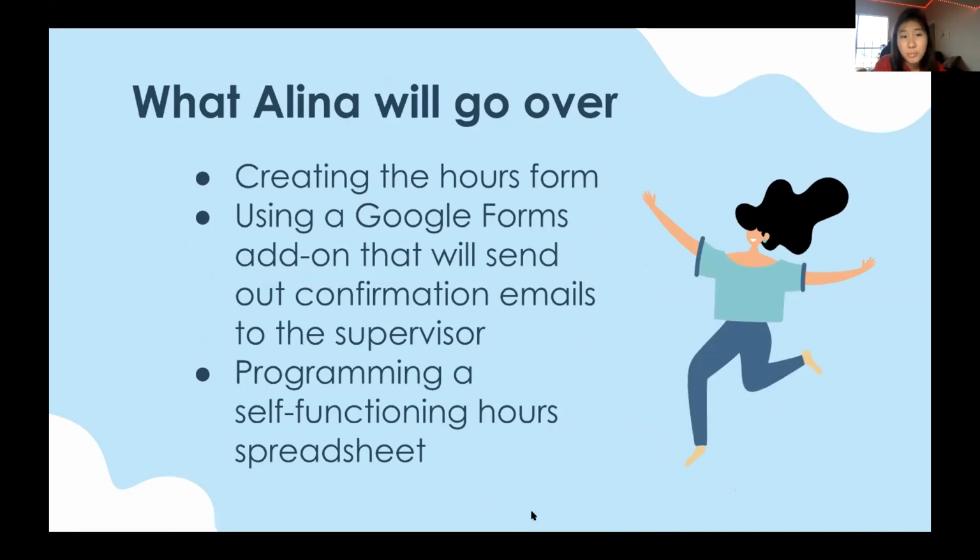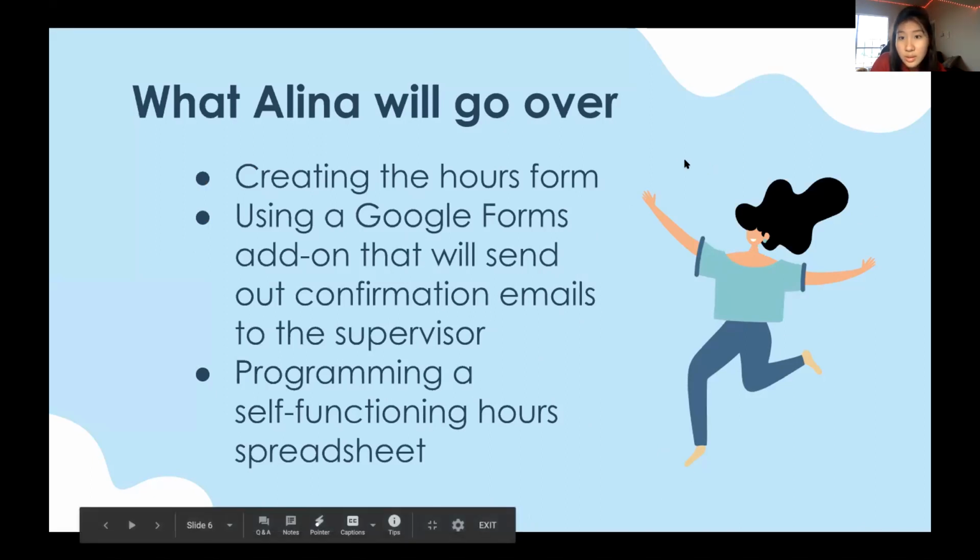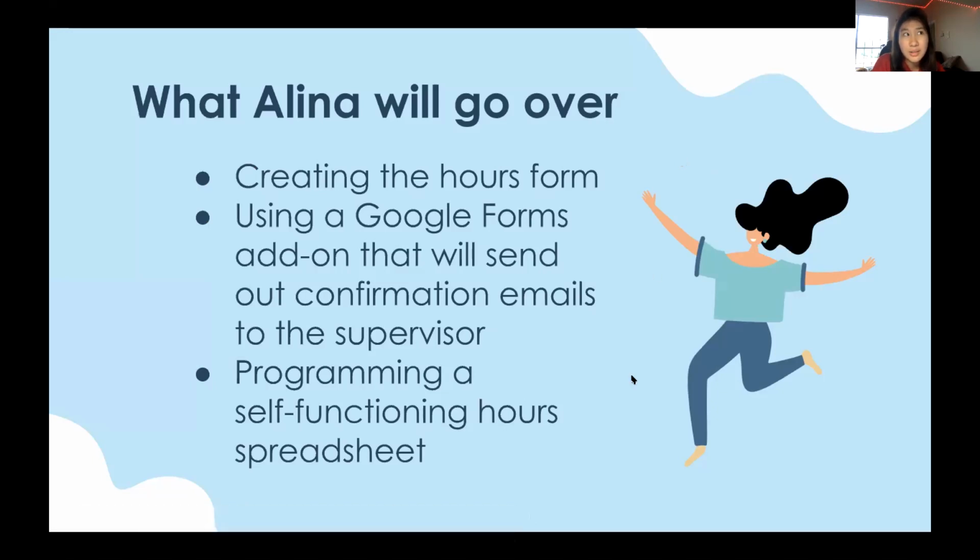Using this type of program in your Google Sheets will allow you to not have to do all of the tedious work behind adding all of the hours up and stuff like that. So essentially you'll be programming a self-functioning hours spreadsheet.